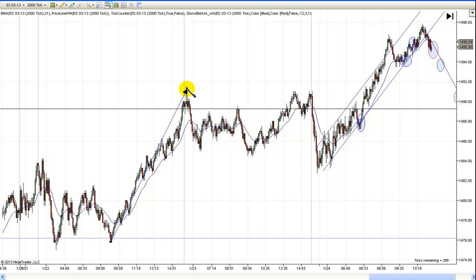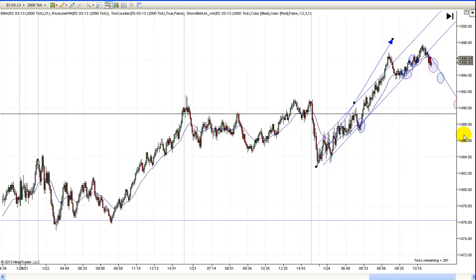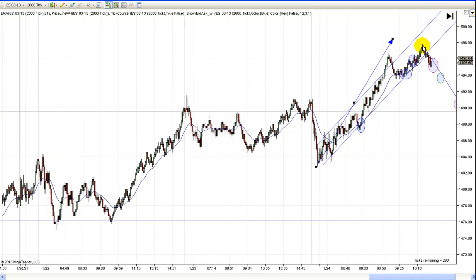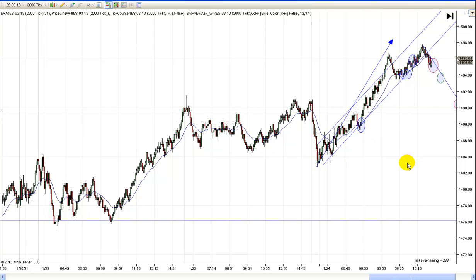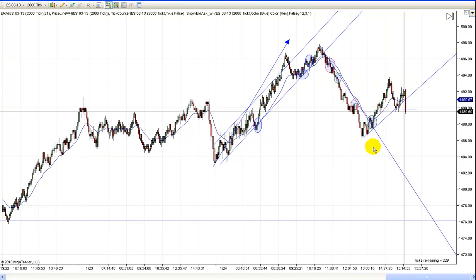If you look at that leg, there it is right there. You slide it over here, and lo and behold, we came so close to having a perfect measured move today. All that is one leg up, a little correction, and then a second leg up. And then we sold off.